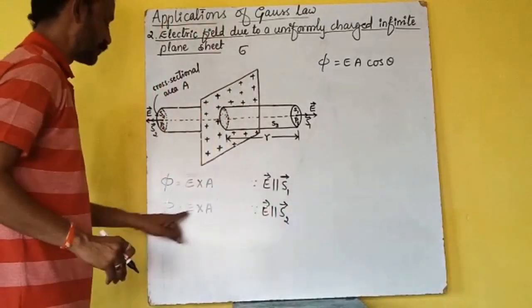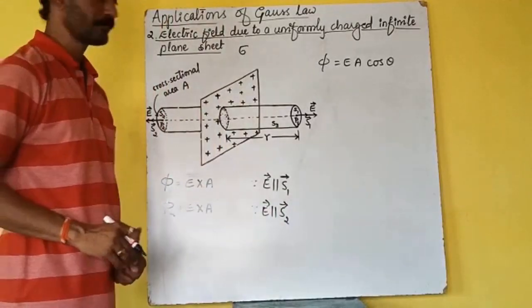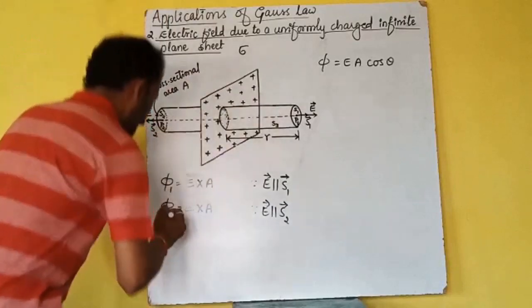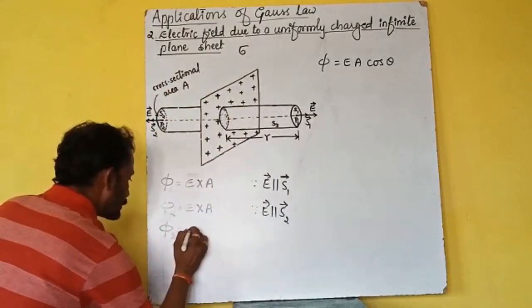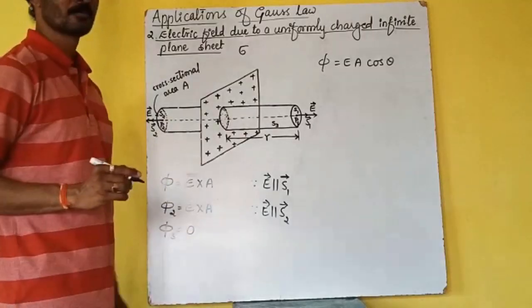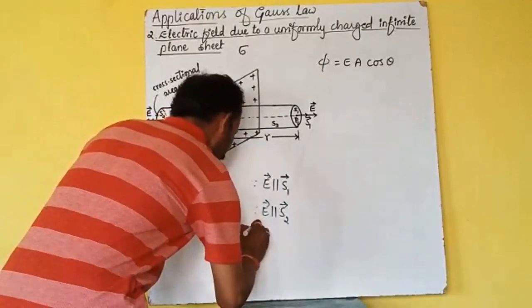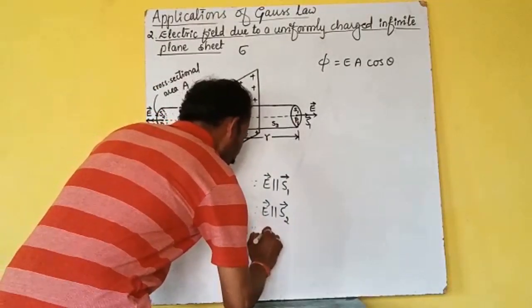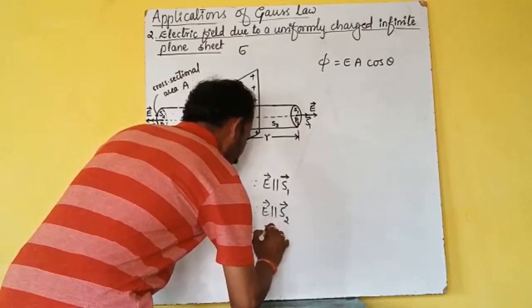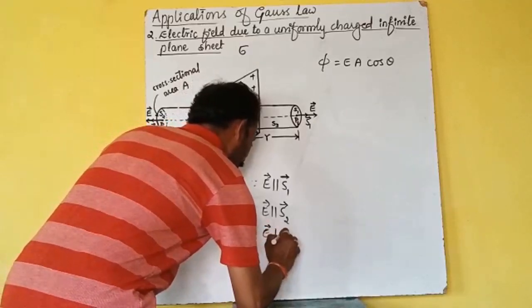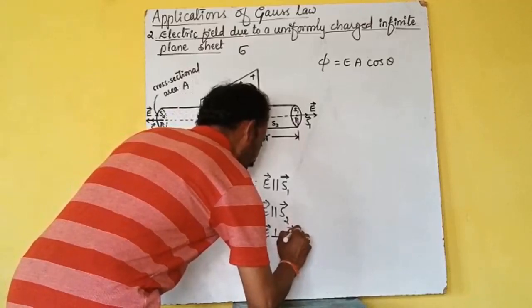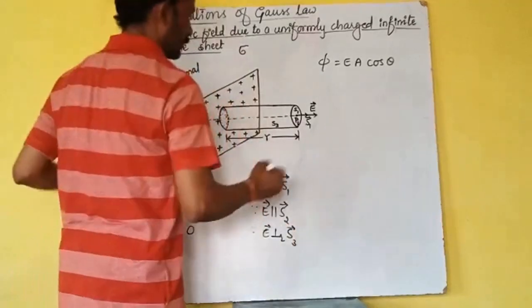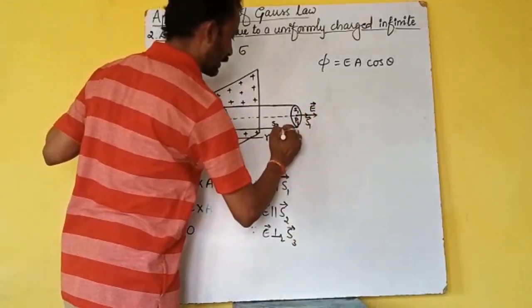Therefore, phi 2 is equal to E into A. Then electric flux through the curved surface is 0, because here the electric field vector is perpendicular to area vector S3. So the electric field is in this direction.